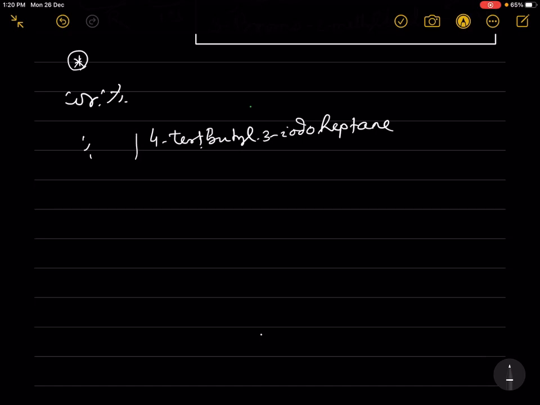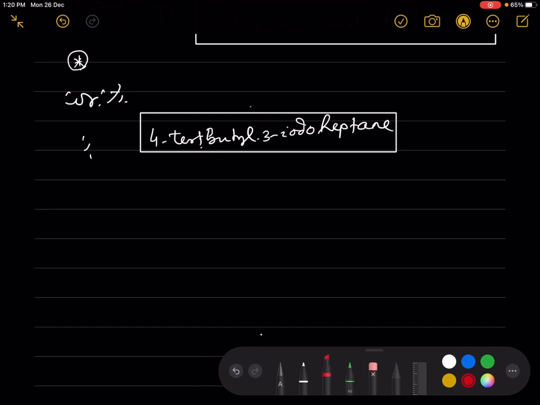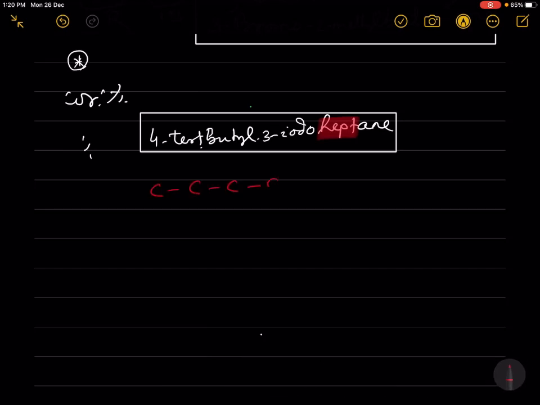Here the name of the compound is given. You have to draw the structure of this haloalkane. First, we have to find the number of carbon atoms. Hept. Hept means how many carbon atoms? Hept means 7 carbon atoms.